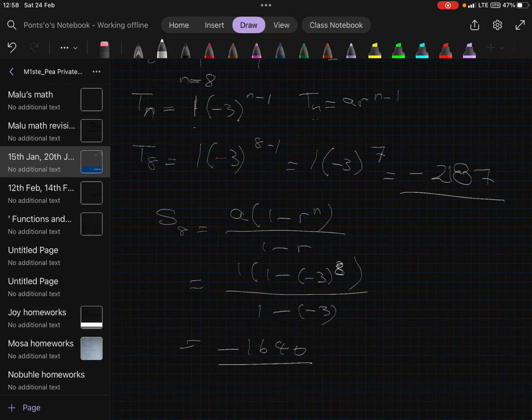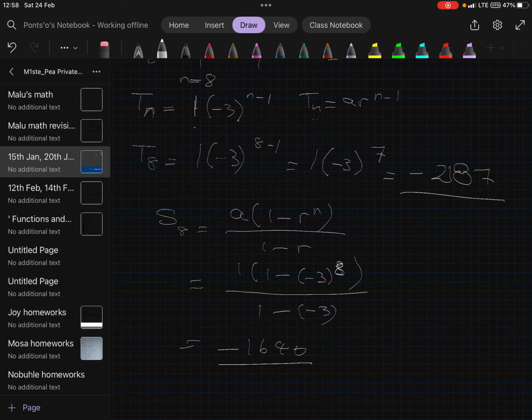So let's write down the formula. Sn equals a times open bracket 1 minus r to the power n close bracket, divided by 1 minus r. Remember that formula?